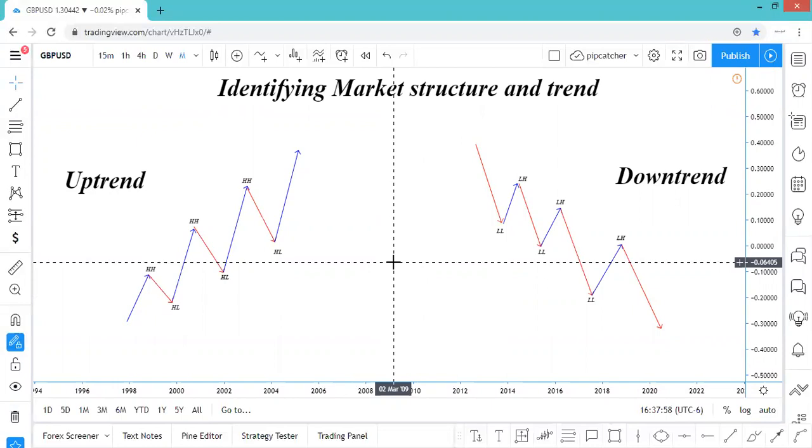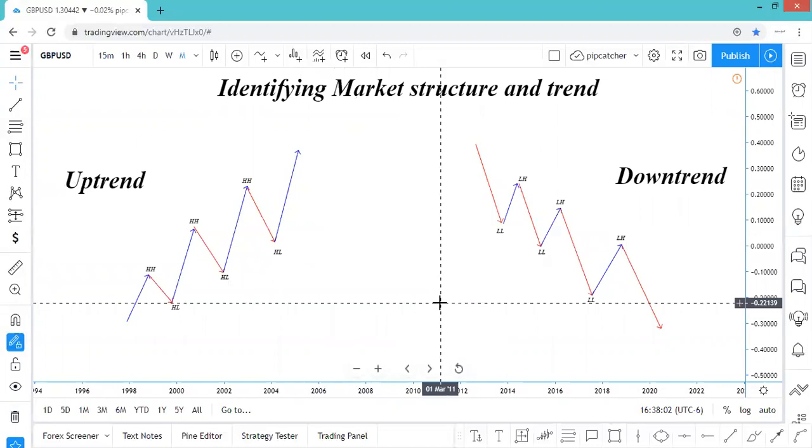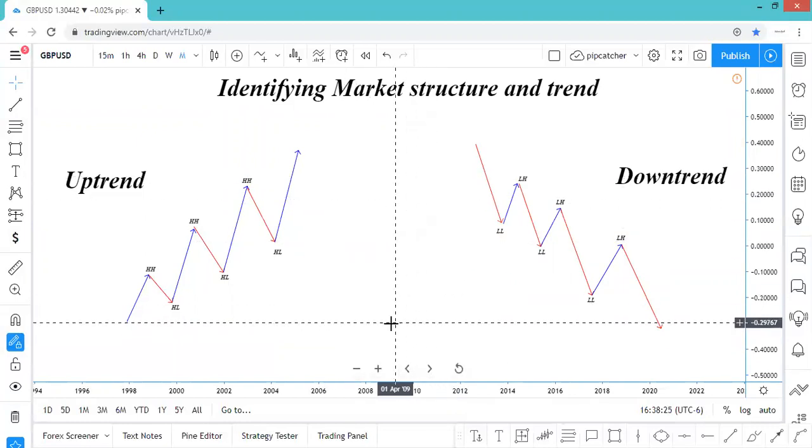Today's video, I want to talk about identifying basic market structure, how the market moves in a basic way. Your basic way of finding a trend or detecting which possible direction the market could go in, right?